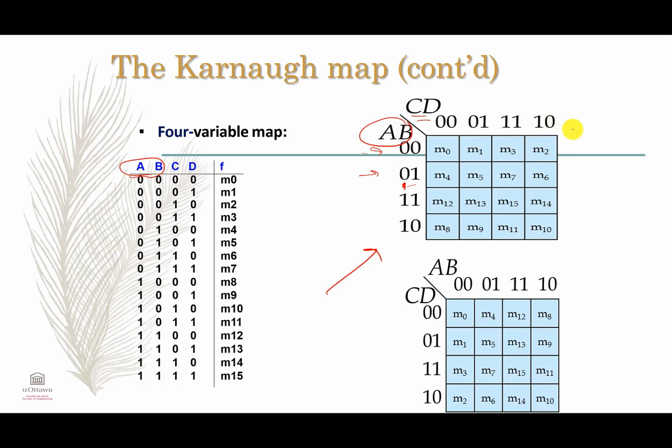Therefore, when we are filling the Karnaugh map from the truth table, here it's 0 0 0 0, that's the first cell, and here 0 0 0 1, that is the second cell. Now here it's going to be 0 0 1 1, so I'm going to go to M3, and then after that I'll go to M2. Okay, is that clear? And we should apply that when we are looking at row 1 1.